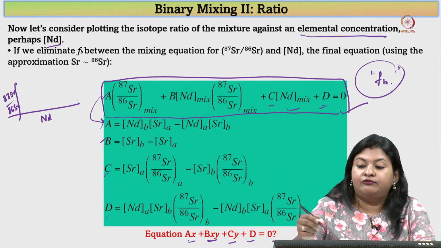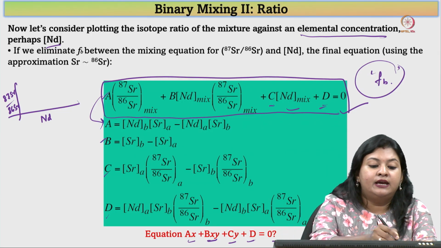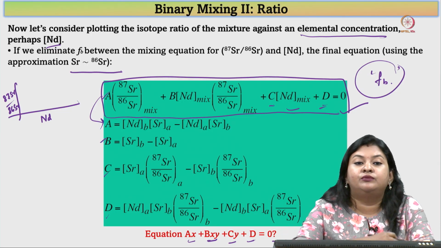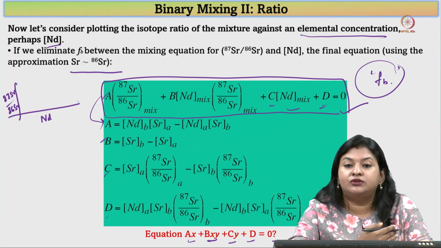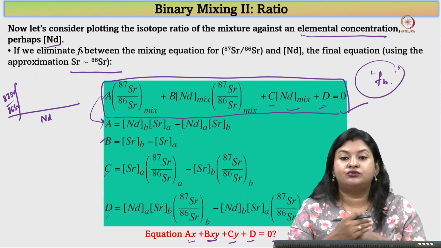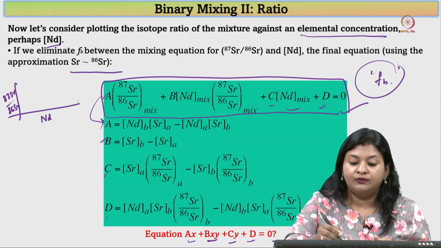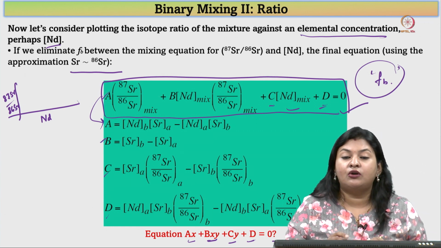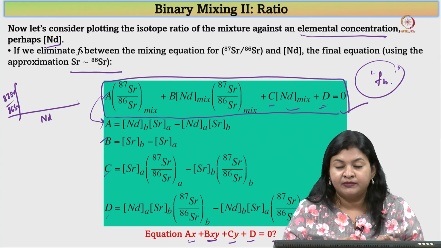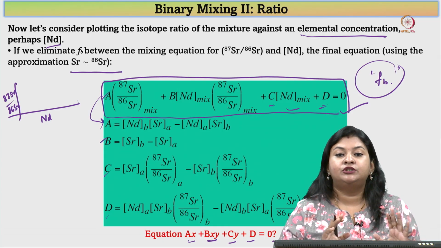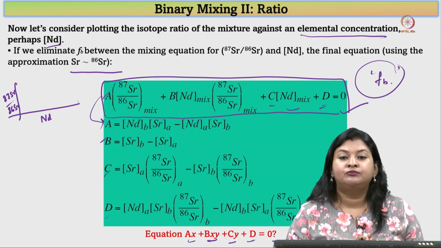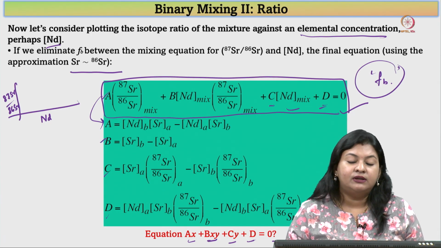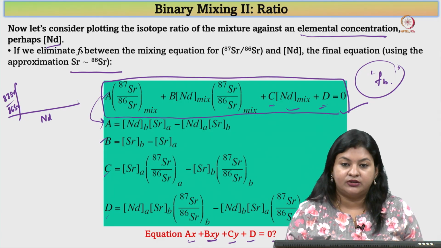And one more important thing that I forgot to mention before is that here we do an approximation with the strontium concentrations. For instance, here we need the strontium concentration of 86 strontium, but we are going to assume that whatever we are measuring as a strontium concentration is equal to the 86 strontium concentration.